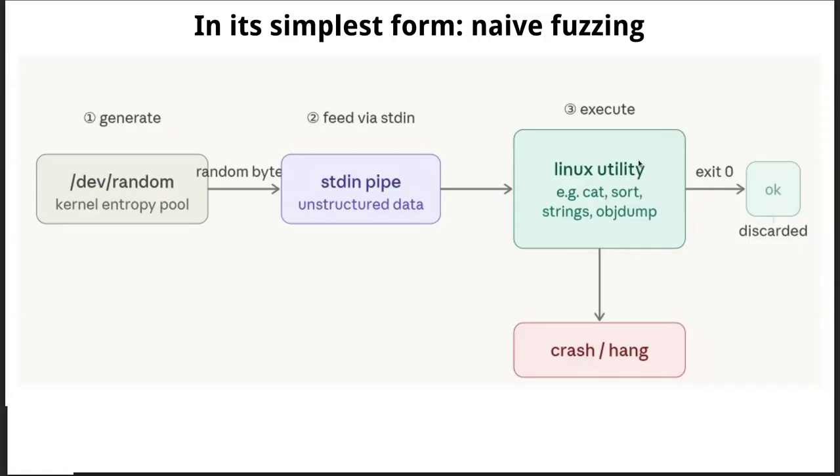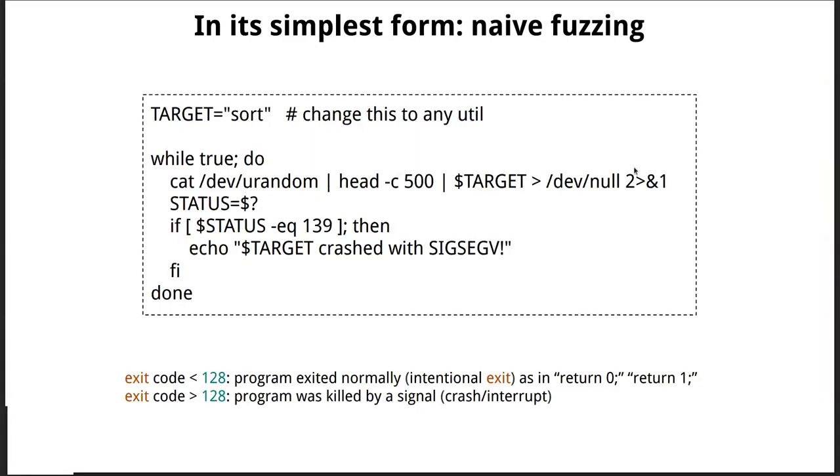We just apply that random data to those programs. Most of those programs take input from stdin. Some of them also take input from arguments, so we can also pass it as an argument. Then if they crash or enter an infinite loop, we've found a bug. Or they may just exit with return value 0, which means there is no bug. So that is a very simple, naive way to fuzz these programs.